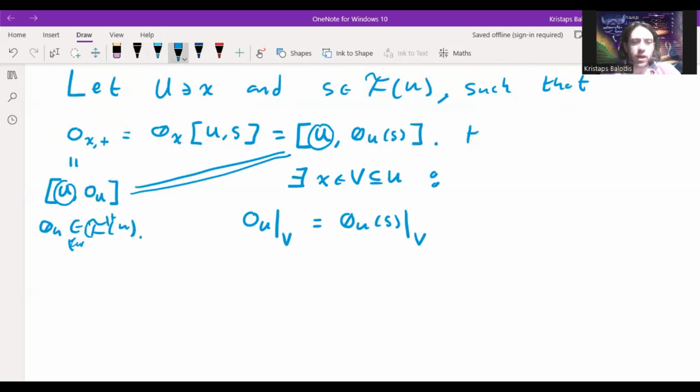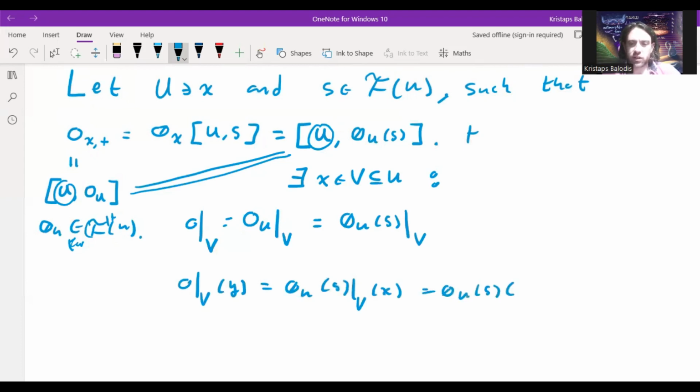But what does that mean? Well, this is just the zero element in V. And what does that say? Well, if these things are equal, then that means if I apply this to any element y in V, so that's theta sub U of S, that's just evaluation at X. Well, that's going to just end up being 0, right?